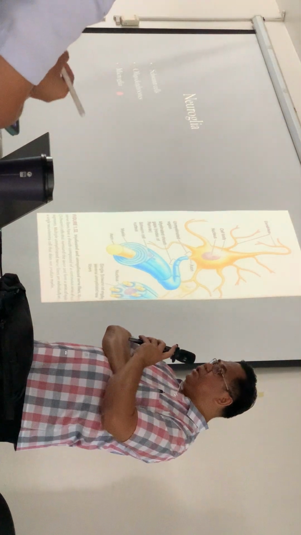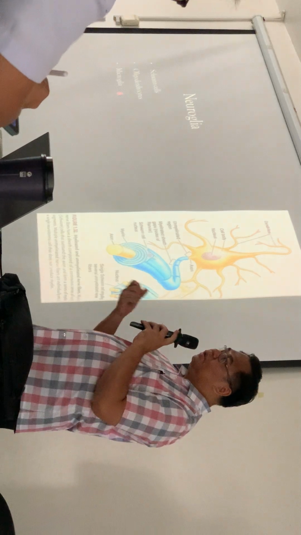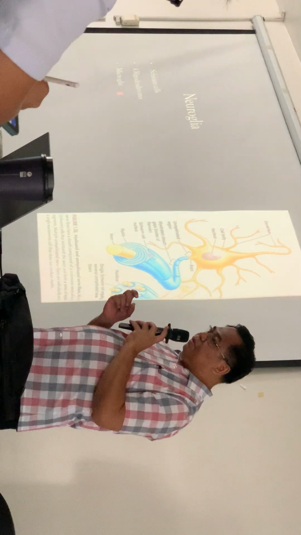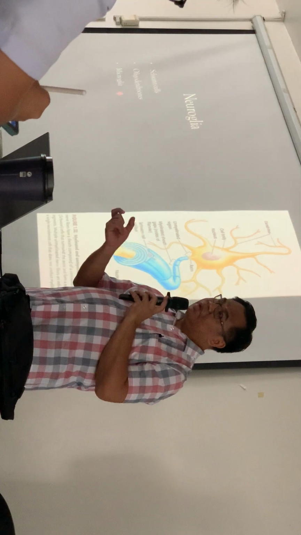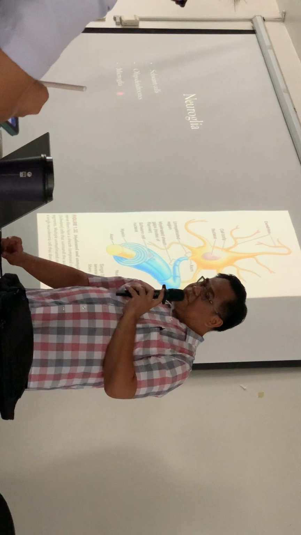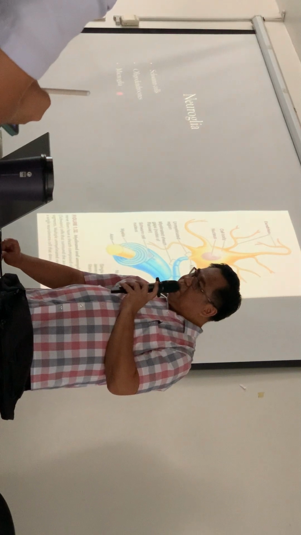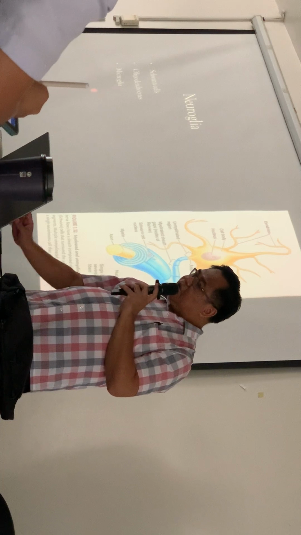These are actually part of our immune system. They are phagocytosing cells. They can eat up any bacteria or virus that gets into the nervous system. So they are part of the immune system.